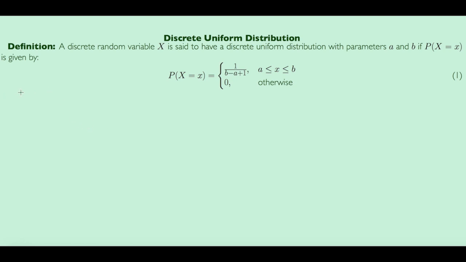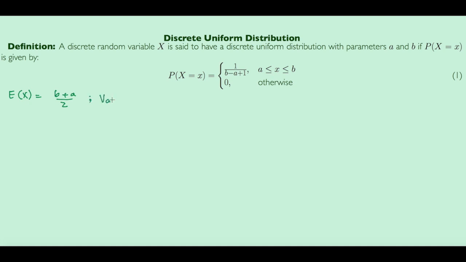So now let's calculate the variance of our discrete uniform distribution. What did we say? We said the PMF is given by this expression, and the mean is b plus a over 2.